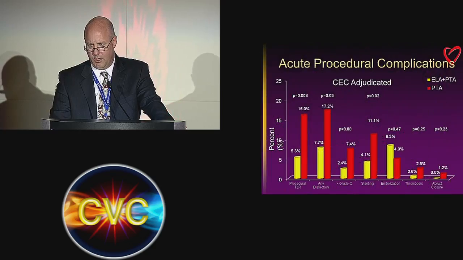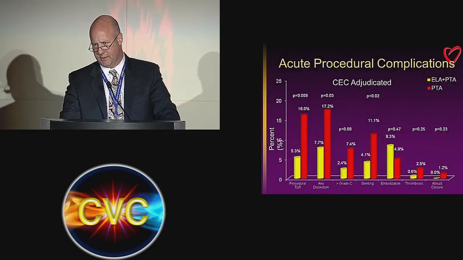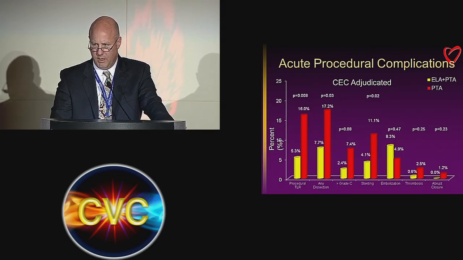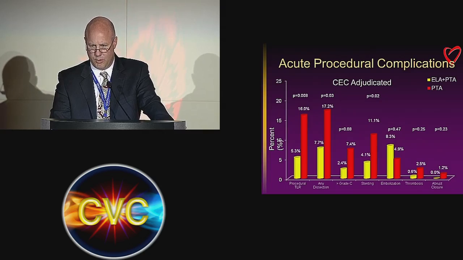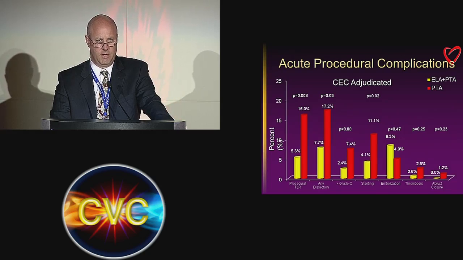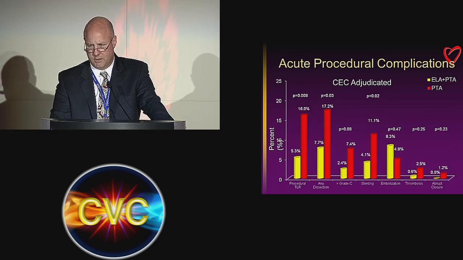When you look at the acute procedural complication rates, again, these are adjudicated by an independent clinical events committee. The laser group is in yellow. The plain angioplasty group is in red. Across the board, when you look at procedural TLR, any dissection, the requirement for bailout stenting, the laser group did statistically better.